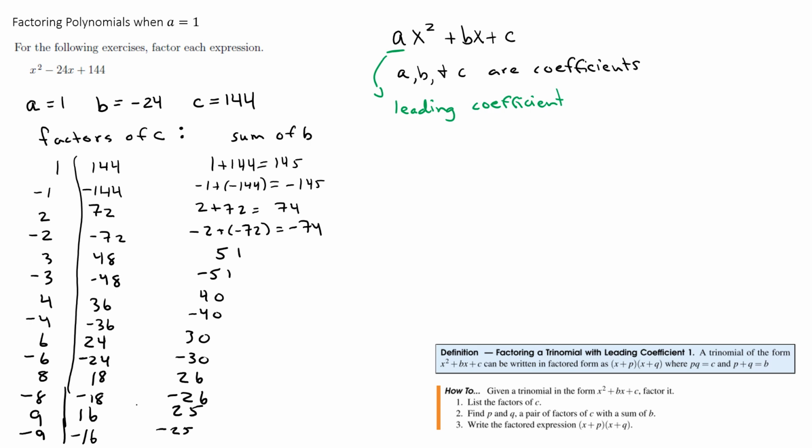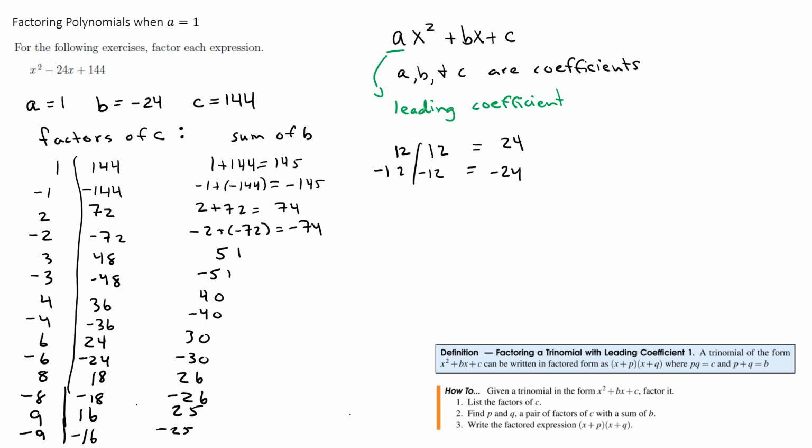So if we have 12, that one would be 12 and 12, and that one equals 24, or negative 12 and negative 12, which is negative 24. And the sum that we needed there was negative 24. So it looks like our factors, because we needed a sum of b, are negative 12 and negative 12.